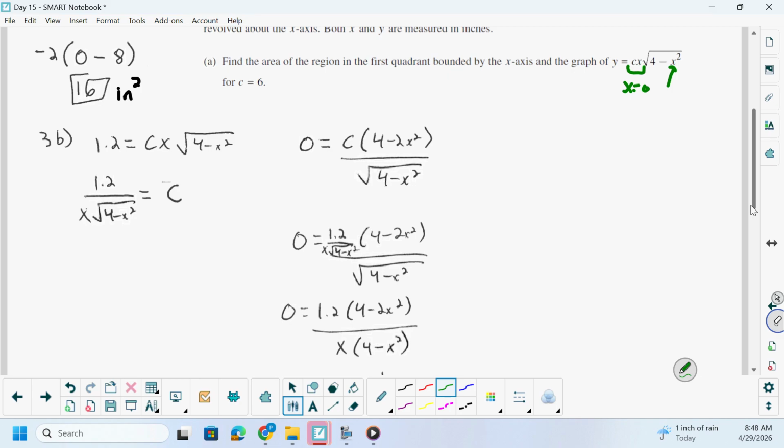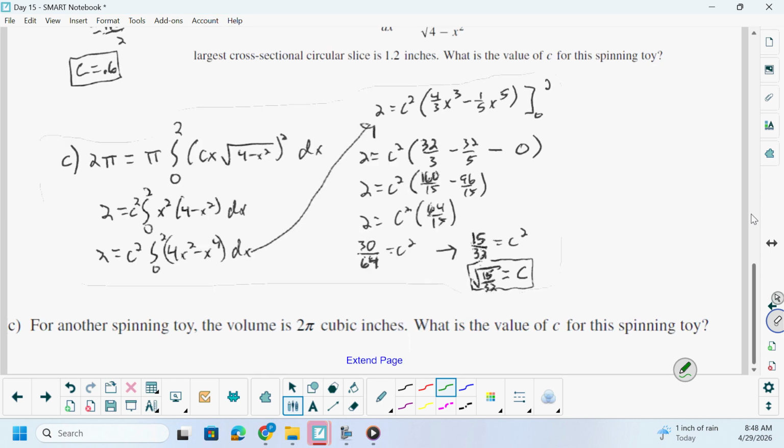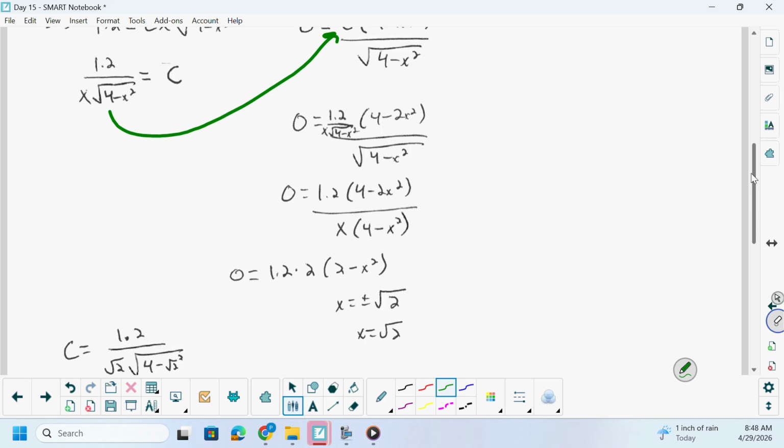Well, when we are at the largest radius, we should have a turning point on our graph, meaning the derivative should equal 0. So I made dy dx equals 0, and then we can take this expression for c and fill it in. And now what we have is an equation that only has x's. So the square root in the denominator multiplies the other square root in the denominator.